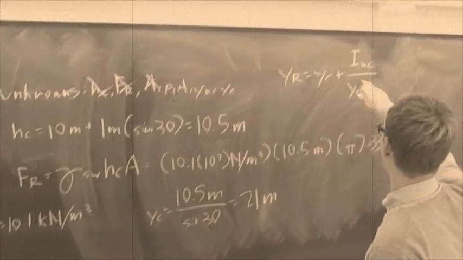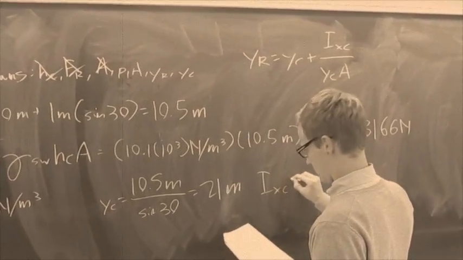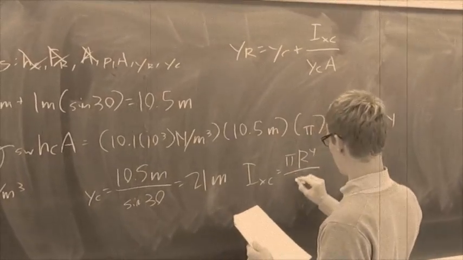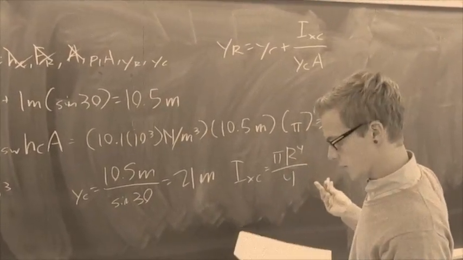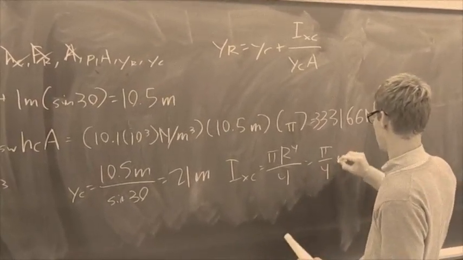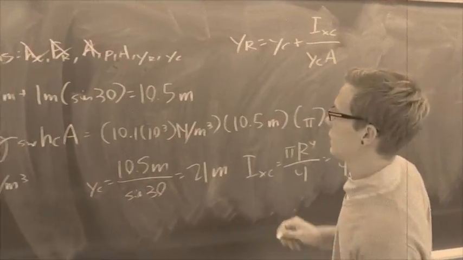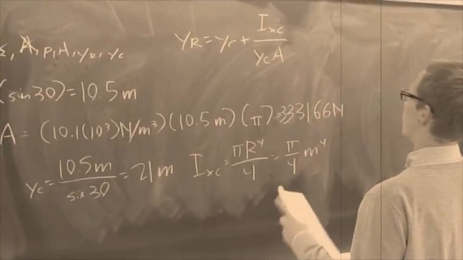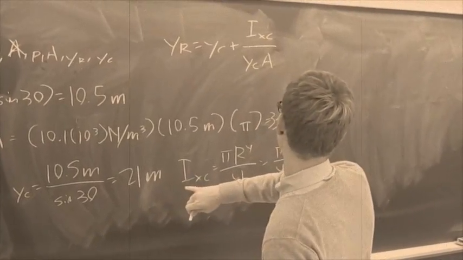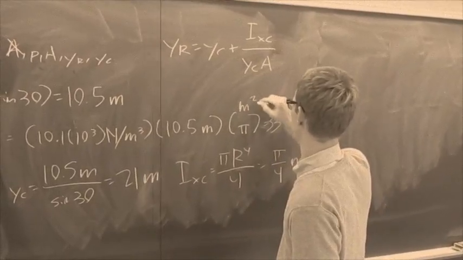Alright, so now we know all the components of that except IXC, which is equal to pi r to the 4th divided by 4. Once again, our radius is just 1, so that ends up being pi over 4 meters to the 4th. So we plug in our IXC that we obtained, the Yc, and then we know the A to be pi, in meters squared.